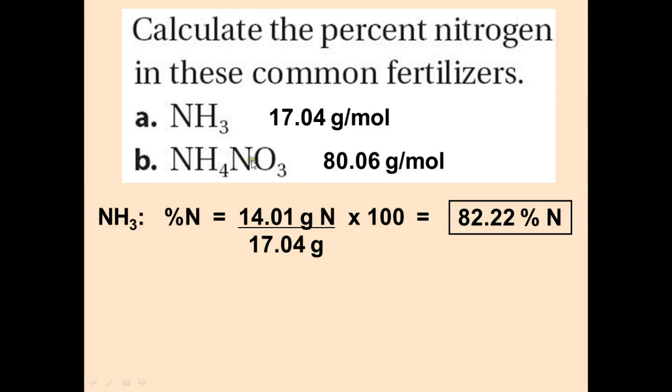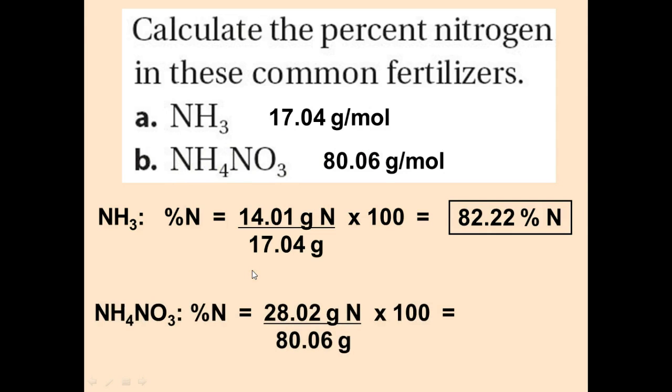You just count the number of each element and multiply the element by its corresponding atomic mass. And so here we have 2 nitrogens this time, so it's 14.01 times 2, which is 28.02 if you punch it in your calculator, and we divide by this total right here and multiply by 100, and we get a mass percent of 35%.